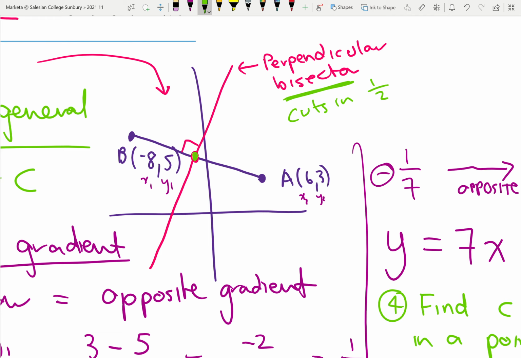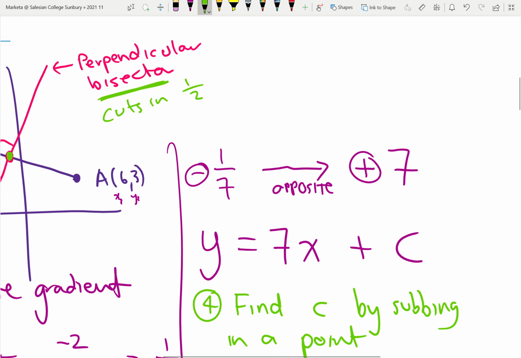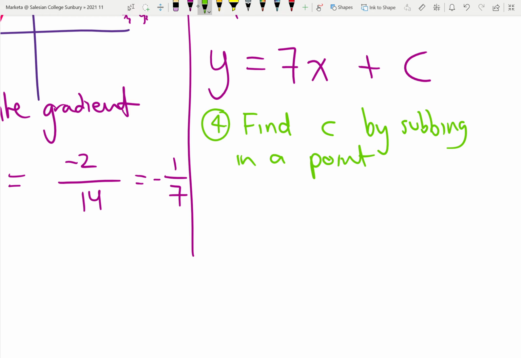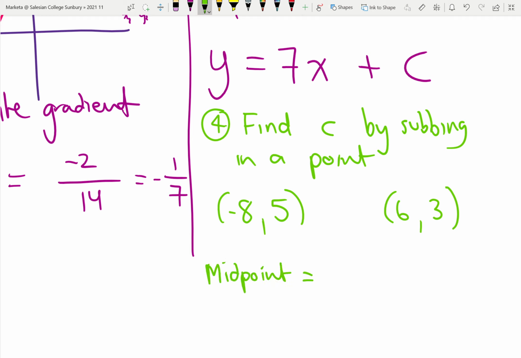So just like we did a second ago where we found the midpoint of 2 points, we're going to find the midpoint of A and B. So negative 8, 5 and 6, 3. Let's find the midpoint, because the midpoint is where the perpendicular bisector goes through. So x1, y1, x2, y2.